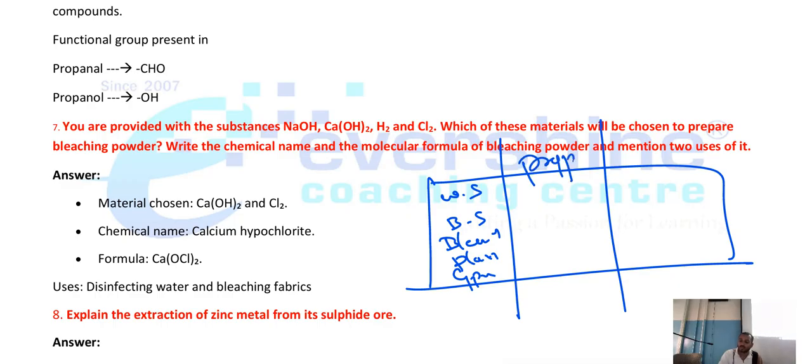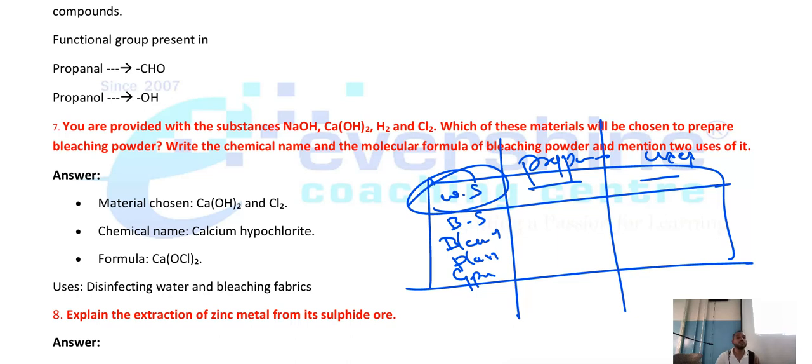Write the preparation method. If you want to prepare washing soda, how do you prepare it? What chemicals are required to prepare that? Please understand it and make a note of uses. Write the uses of that. Create a table in such a way that it will be very helpful for you, and compulsorily from the topic family of salts.